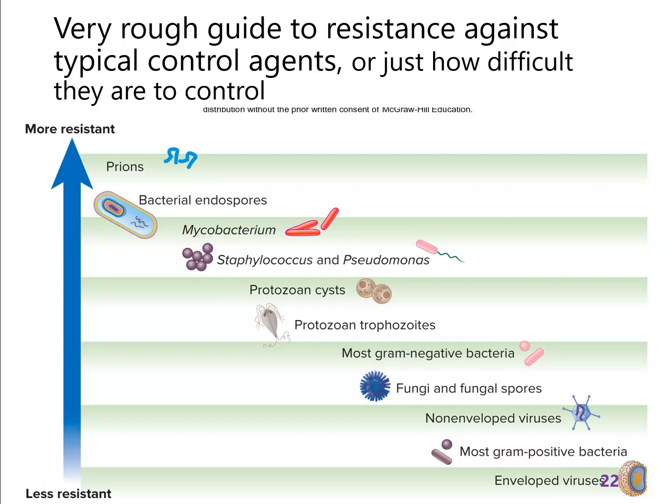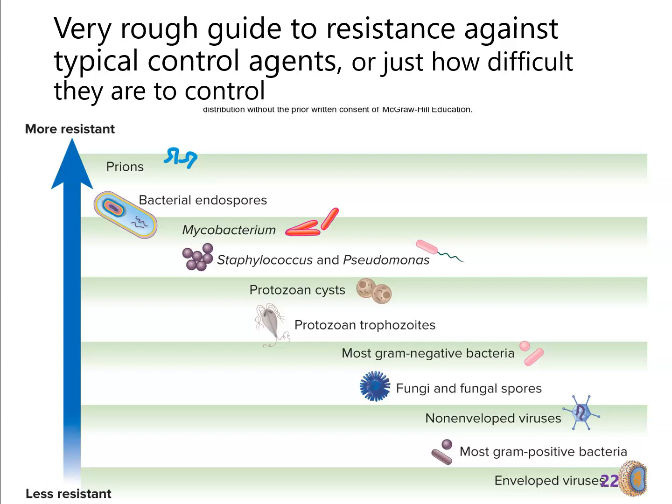The last thing I want you to look at before we jump into the actual physical and chemical methods of microbial control is a slide that orders for you roughly how resistant different things are to these techniques. And this is a really rough guide because different organisms are going to have different sensitivities.